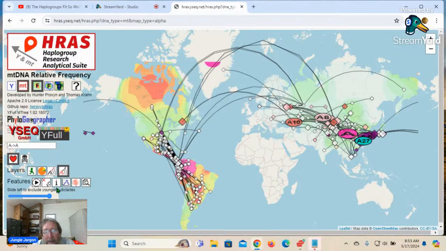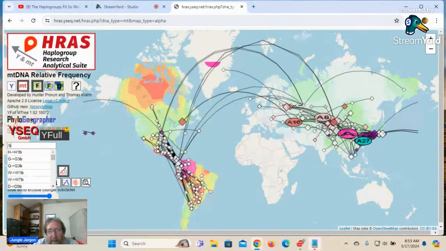But we have the same kind of pattern there. So that corroborates the Q paternal haplogroup lineage that basically did the same thing, only it went off the coast of North Africa. So let's go look for the B lineage.